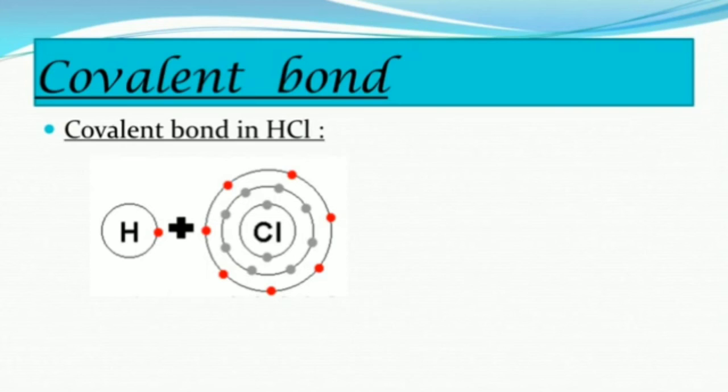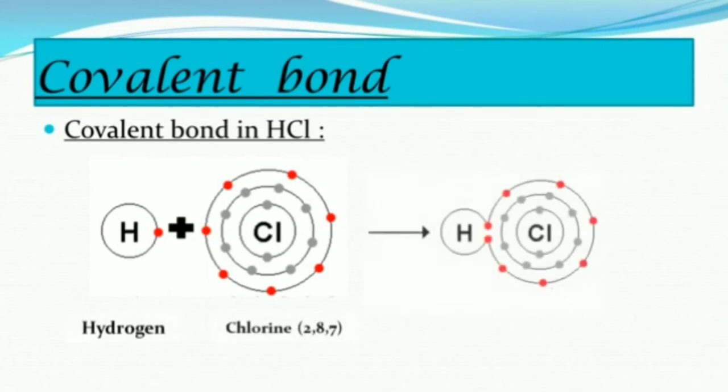So hydrogen and chlorine will share their electron to form a covalent bond. So H, hydrogen, plus Cl, that is chlorine, will form hydrogen chloride. It will share the electron and complete their octet or duplet to form the hydrogen chloride molecule.